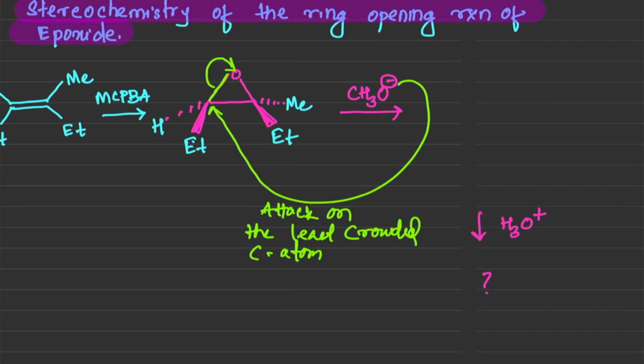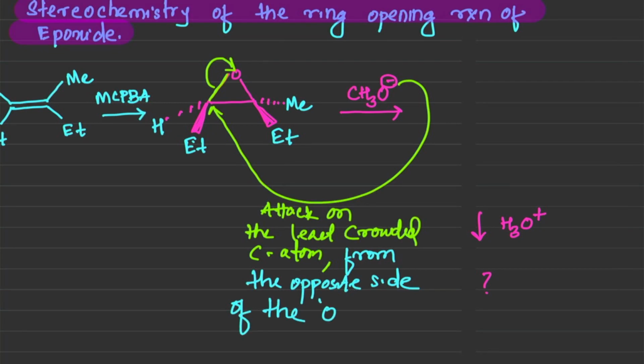So attack on the carbon atom, and you should add this piece of information: from the opposite side of the oxygen from the epoxide. Okay, so if this was pointing to the top, this has to approach from the bottom.